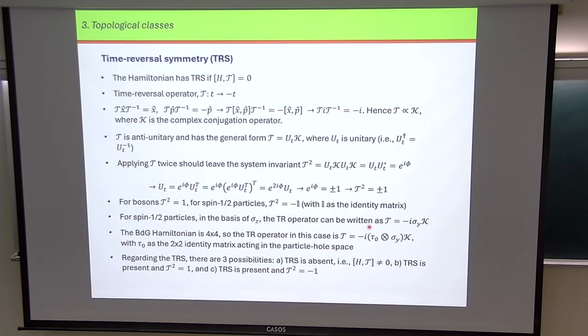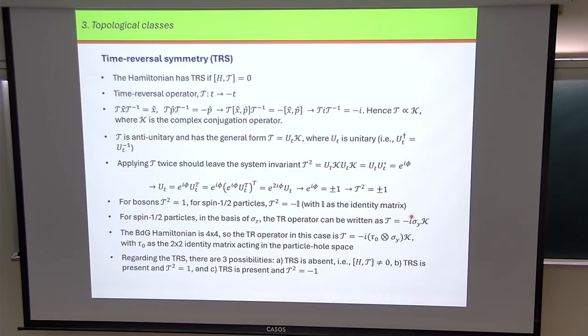Okay? So now if you use this with p, you will just get -p, because when you apply T over p, the only thing that will change p is the conjugation. It will just change p to -p because p is -i h bar times the gradient, okay? And so you will get T p T^-1 equal to -p.